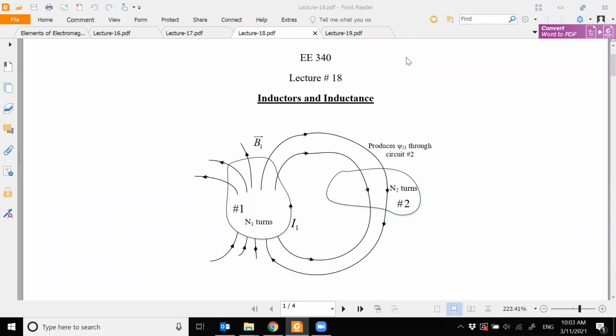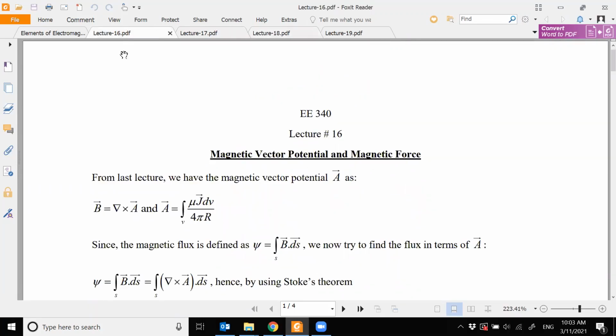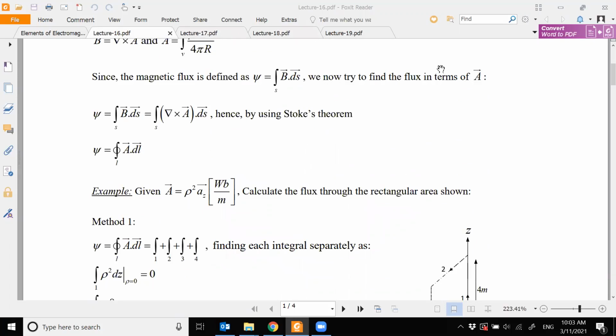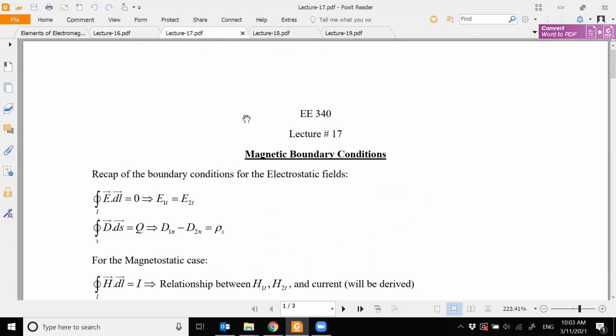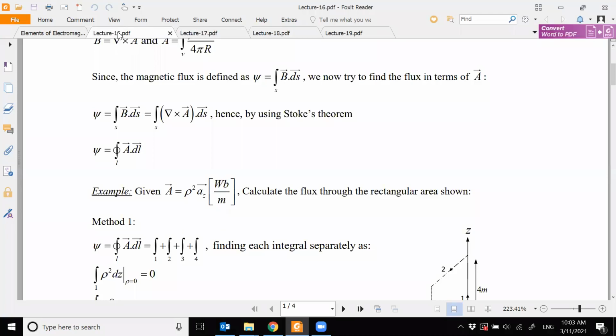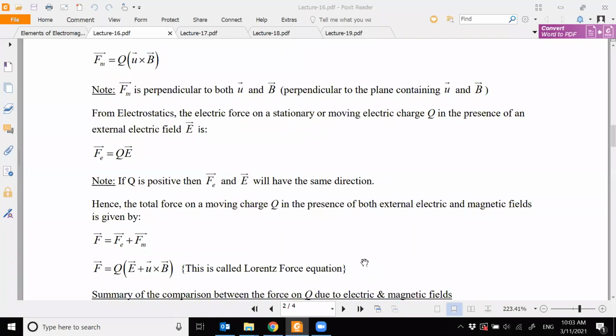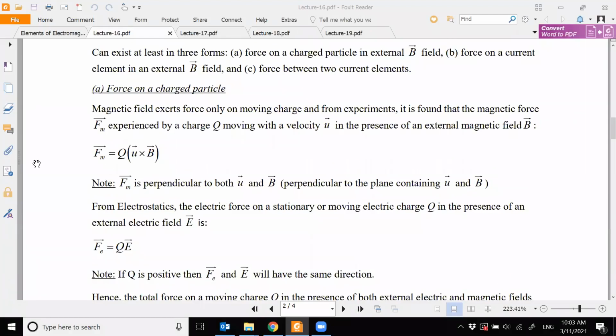Yes, I told you about the poll question, I just wanted to check with the poll question. See here, what is the magnetic force?